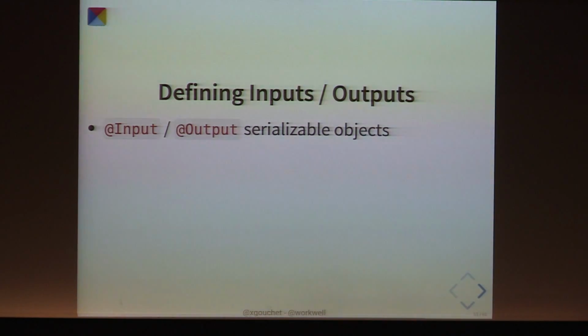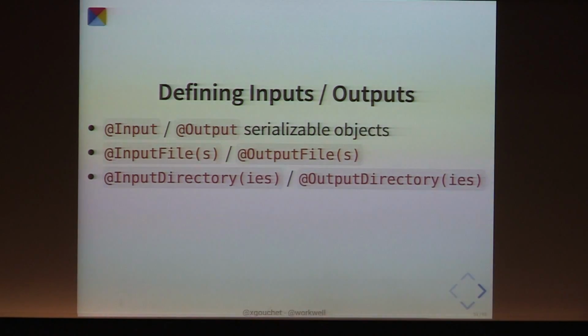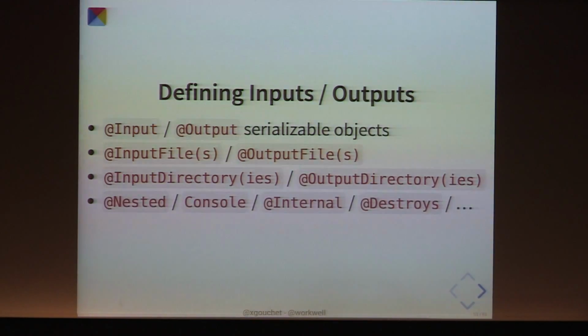You just have to use some annotations to say what's your input and what's your output. You can input and output serializable objects, strings, primitives, lists. You can define files, inputs or outputs, directories, inputs and outputs too. You can go even further with a bunch of things. I'm not going to go into details right now, but take a look at it. It's pretty interesting.